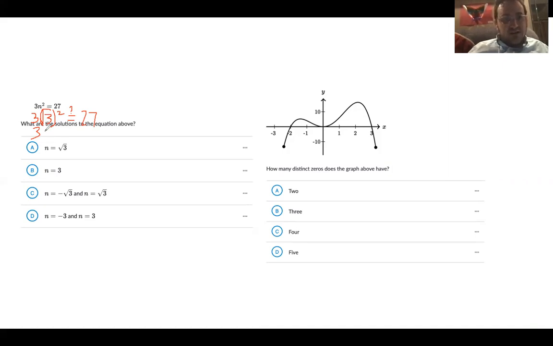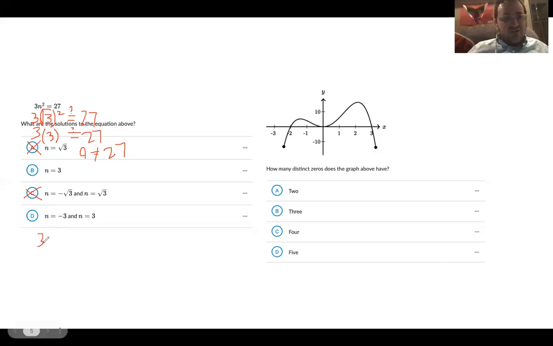So I could actually do 3 times 3, and I could see, does that equal 27? I get that 9 does not equal 27. So that would not be an answer choice, and obviously C would not be an answer choice. Just by plugging in the numbers, I was able to eliminate 2 answer choices with the first plug-in.